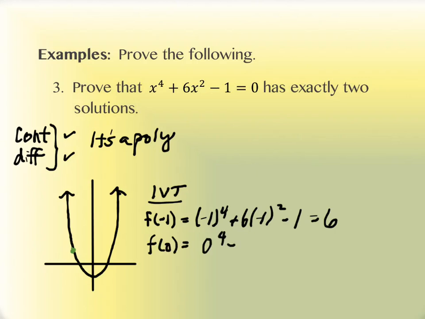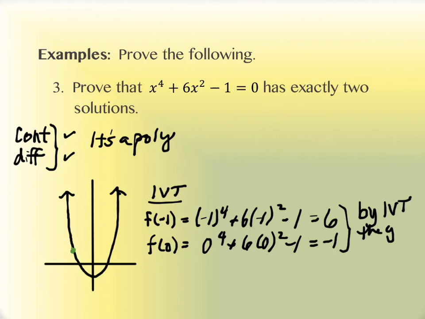What happens when we do f of 0? We get negative 1. So this piece right here, by the intermediate value theorem, the graph has an x-intercept between negative 1 and 0. Somewhere between negative 1 and 0, it crosses the x-axis.